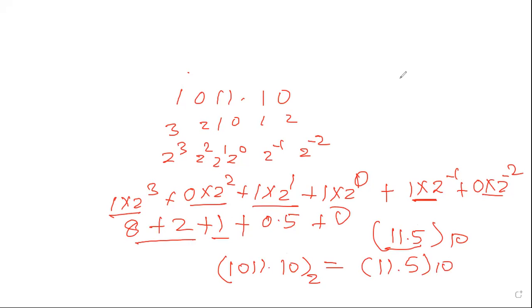Now let us generalize it. For octal, how we will do it? Let the number be 1230. This is an octal number because all the symbols are less than 8.